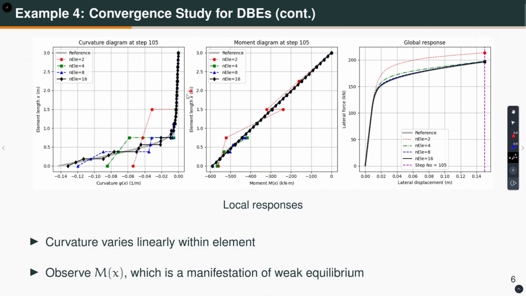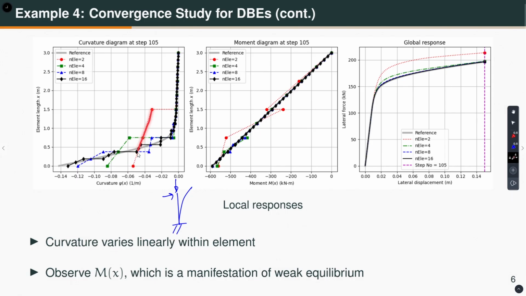Again, along the length. What do you observe? You see that here the curvature is small because at the top it remains pretty much linear elastic. All the yielding and inelasticity is happening at the base of the cantilever. This gray is my reference solution. Now let us consider the 2 element case. 2 elements means this is my first element and from here another element.